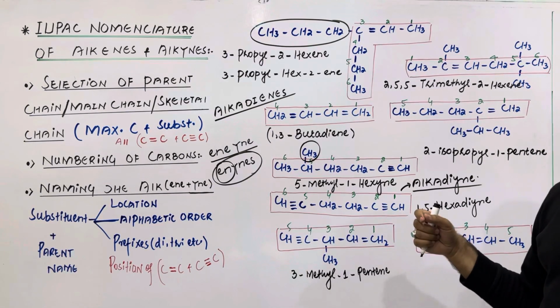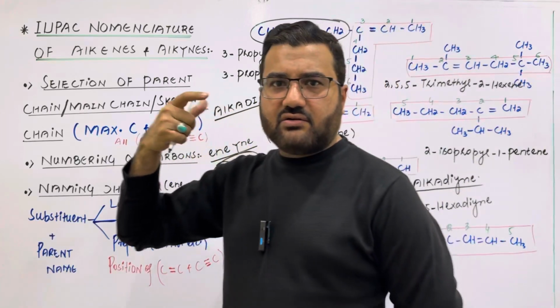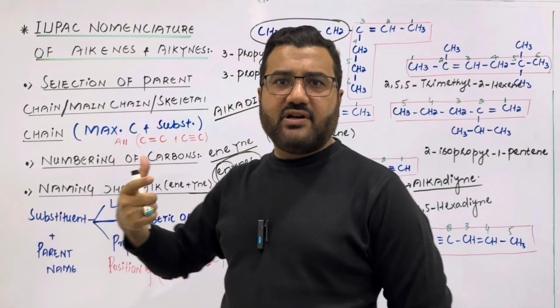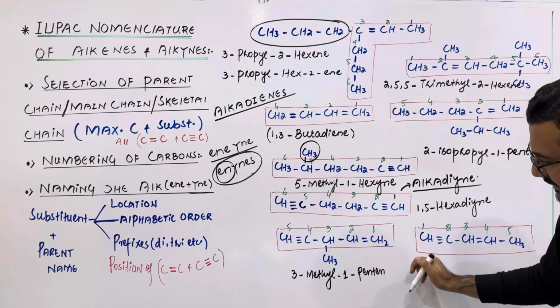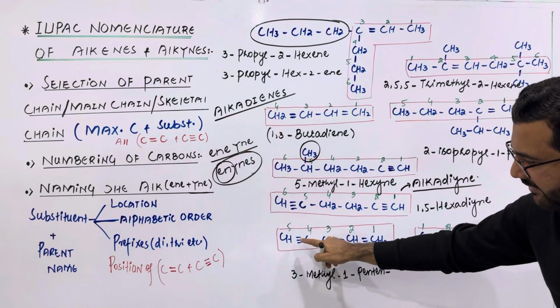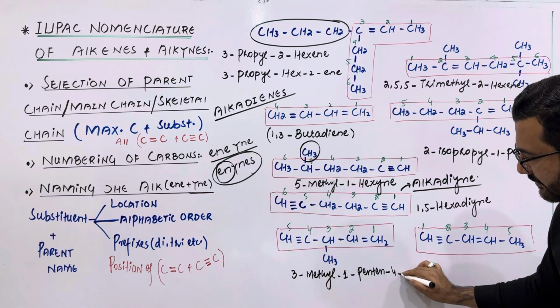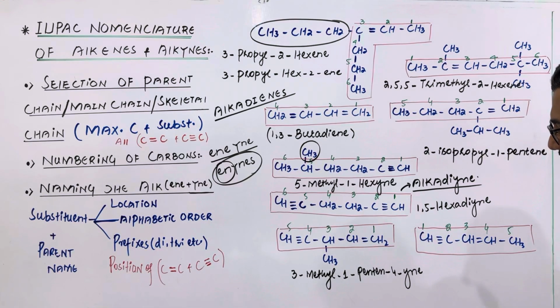Now, you will suddenly recall in your mind that the triple bond is also there. Then you will remove this e. You will mention the location of the triple bond by using the lower number, that is 4. And then you will use the suffix for the triple bond, that is yne.